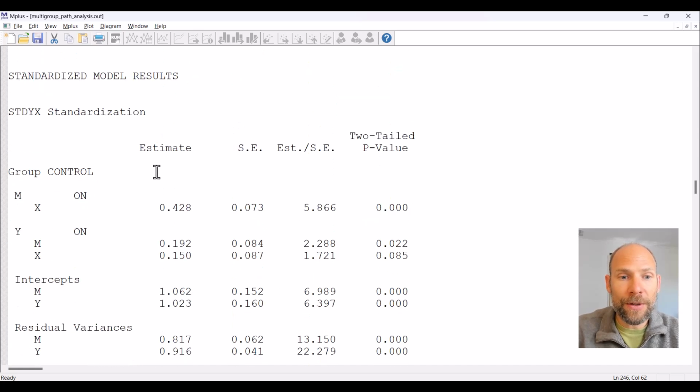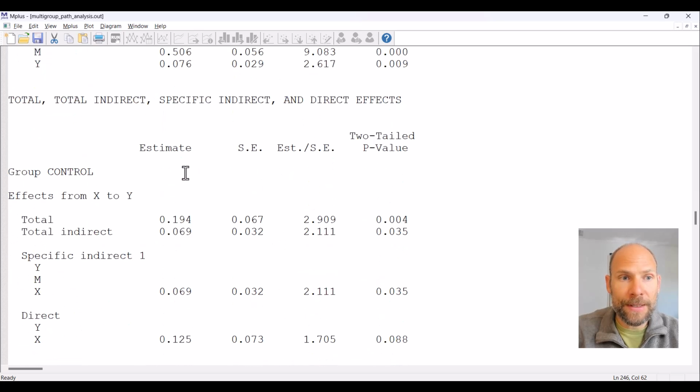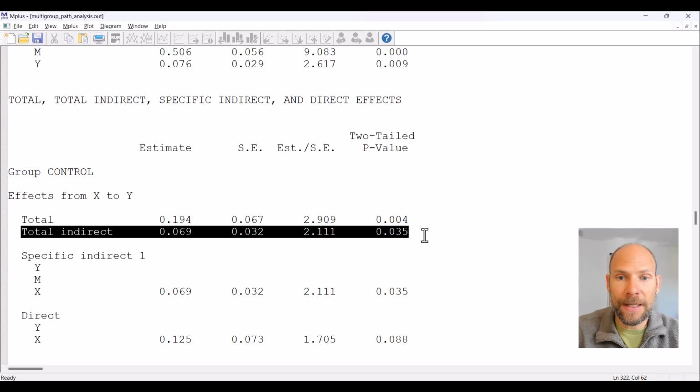Now below that you can find the standardized parameter estimates, and then further down you get a summary of the total indirect, specific indirect and direct effects. We can see here that in the control group the total indirect effect is 0.069, and when we use the standard error that's provided here for significance testing, it would be significant at the 0.05 level.